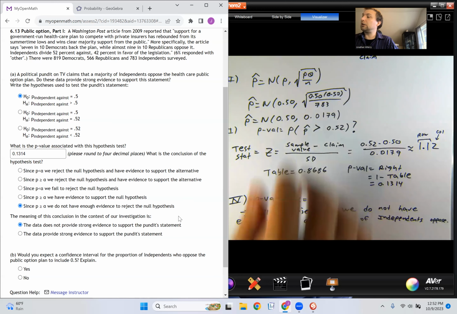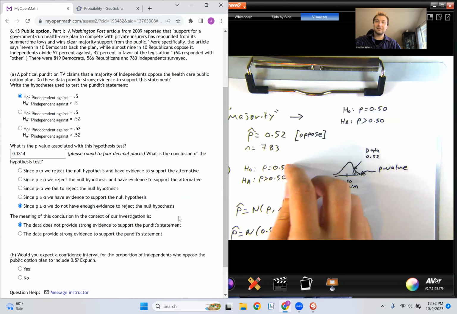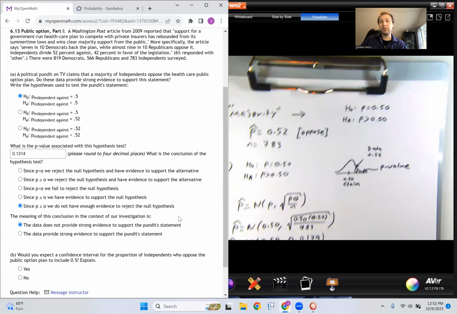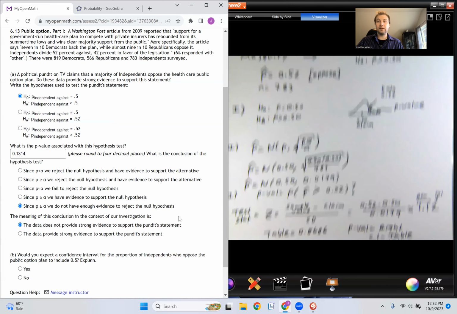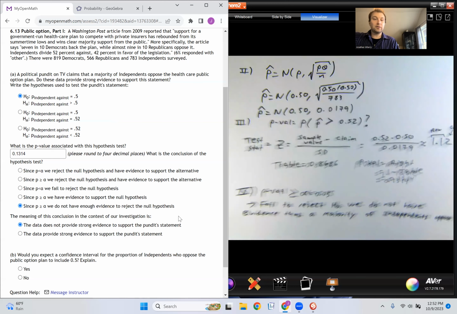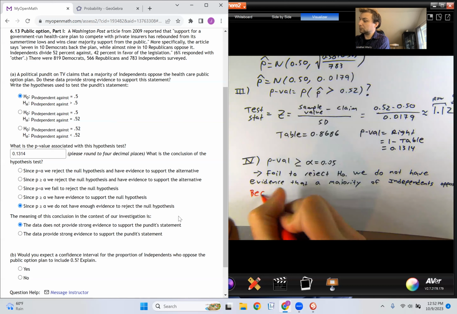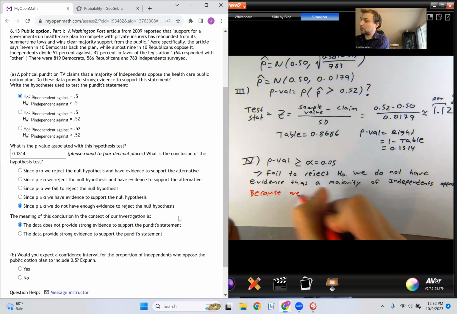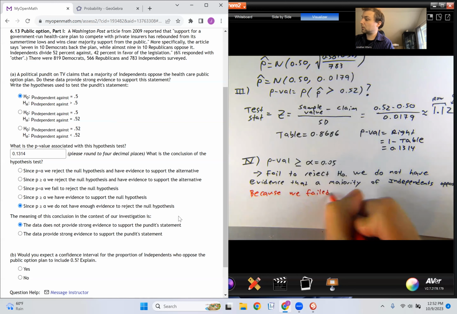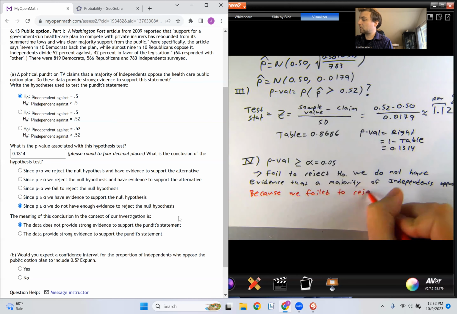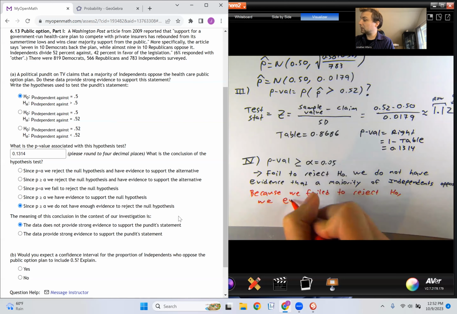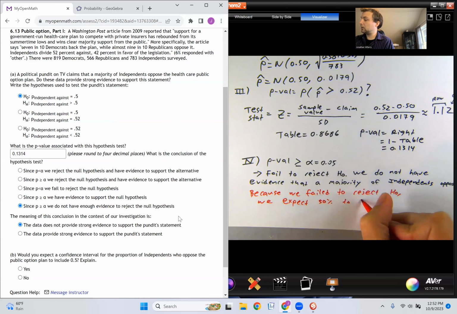Because we failed to reject this null hypothesis, 50% is probably a pretty reasonable value for our confidence interval. So because we failed to reject, we expect 50% to be in our interval.